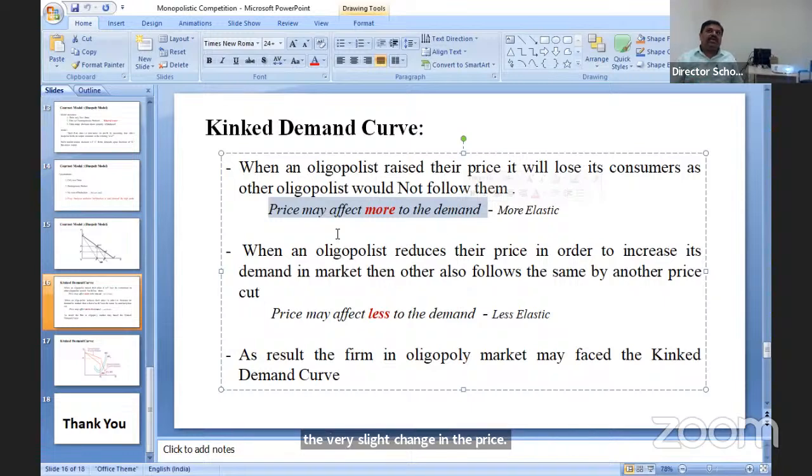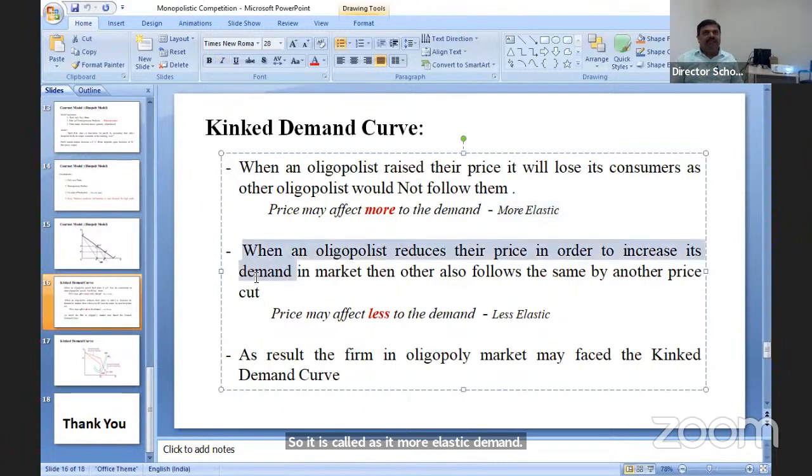Therefore, the demand becomes more elastic. We have discussed that part in the elasticity of demand. More elastic means the responsiveness of demand is more than the change in price, or the change in price is less than the change in demand. So it is called a more elastic demand. That is the first condition.